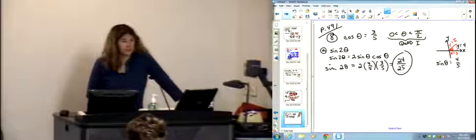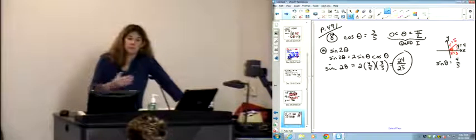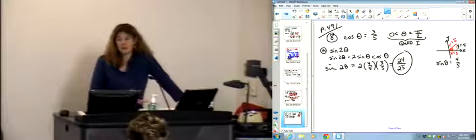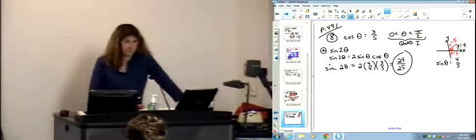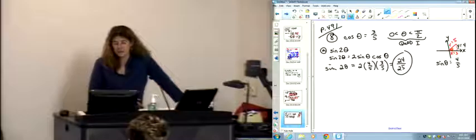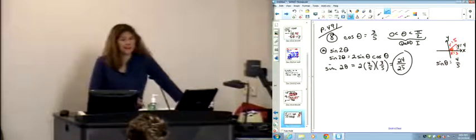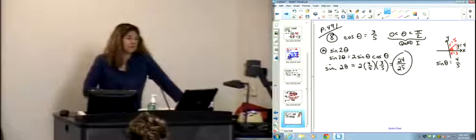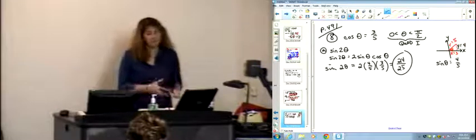But if it's larger than that, we're going to move it to the second quadrant. Is it going to be able to go anywhere past the second quadrant when we double it? No. Because the largest it could be in the first quadrant is like 89.999, so doubling that, we're still going to be near 180. So it could double and be in the first, or it could double and be in the second.